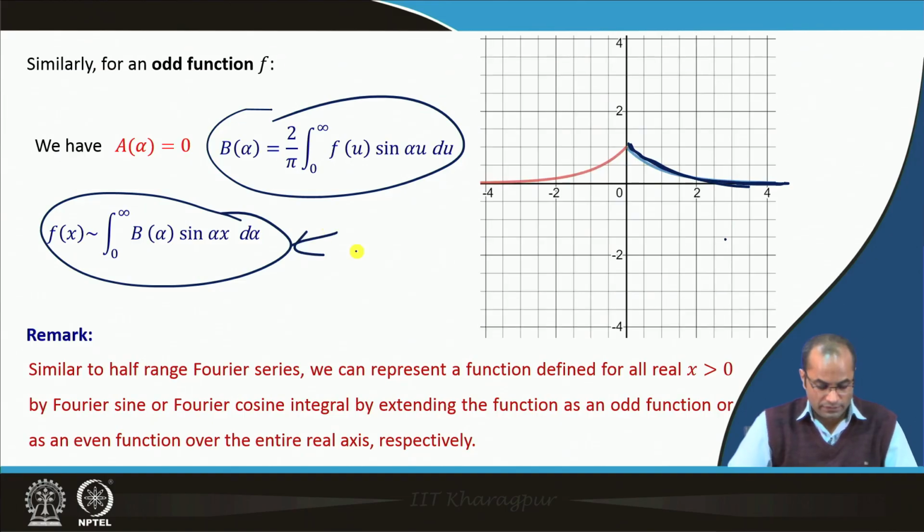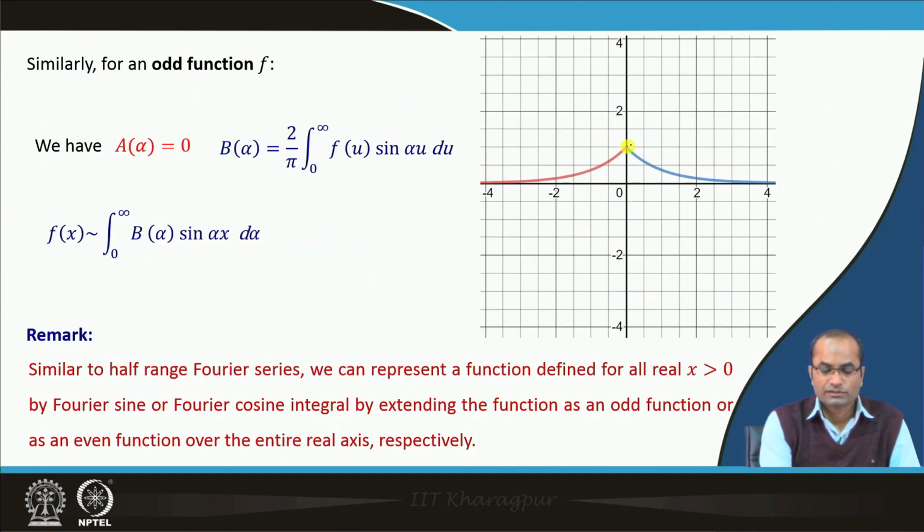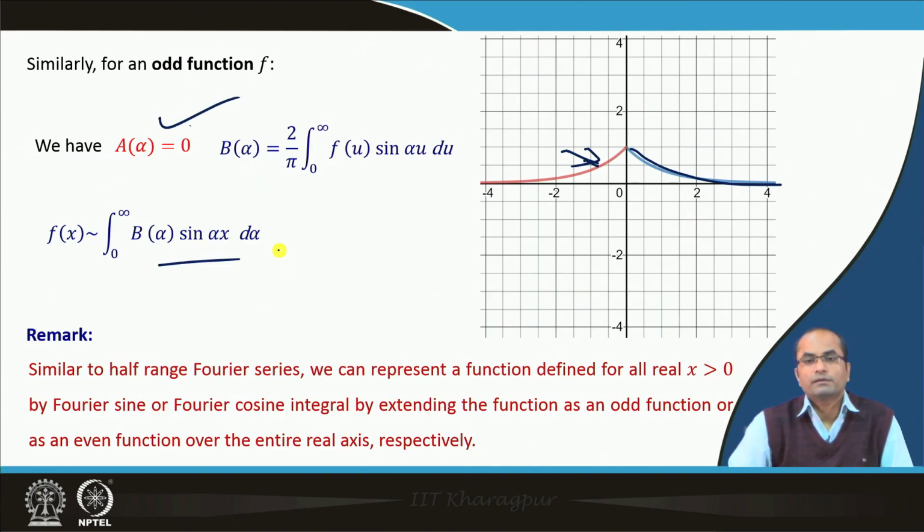On the other hand, if we extend this in this way, then this will become an even function, and if we write its integral representation, that will have only the cosine term in the coefficient as well as in this integral representation.